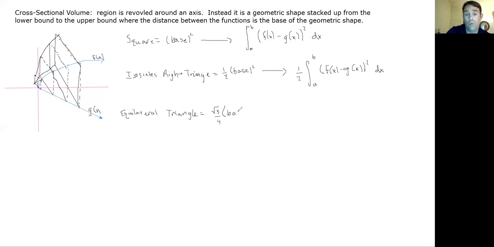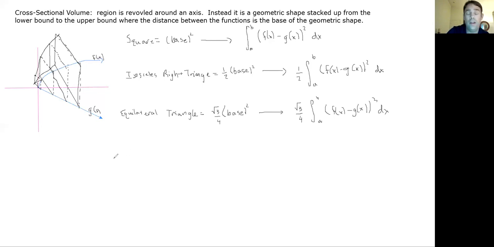So √3/4 times the base squared. Again, all of it is going to be essentially the exact same integral. The only thing that's changing is the constant in front of it. So f of x minus g of x, squared.